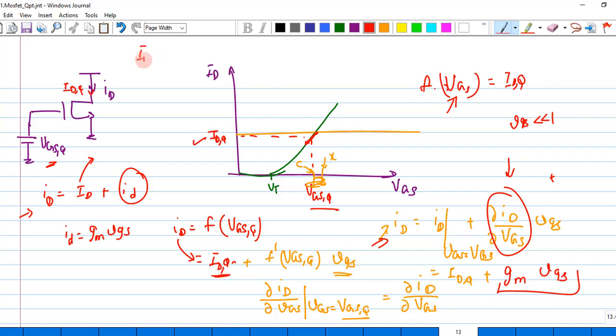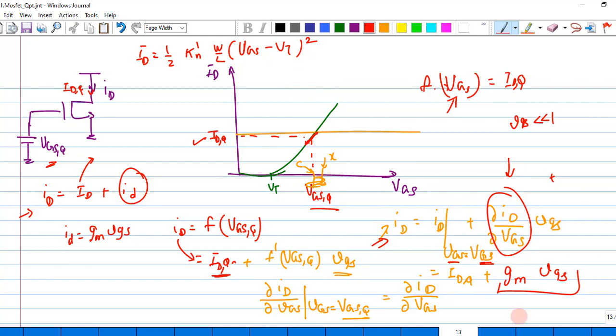Whenever I was writing this half Kn dash term, I was using the capital letter just to denote that it was a DC signal, and I can evaluate it just because I know this. Again, you see that I'm using the capital VGS, because I have to write down this particular term at a value of VGS equal to capital VGS, and that is the reason why I've replaced this with that. Clear?